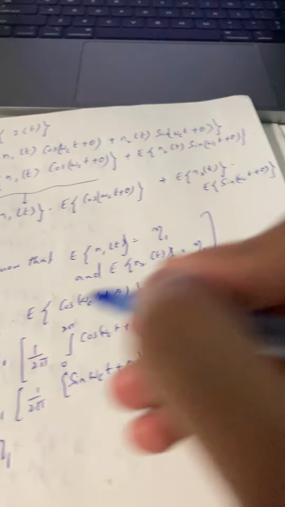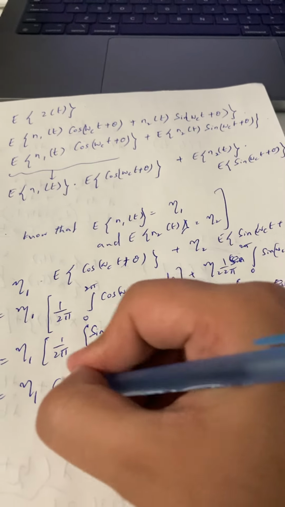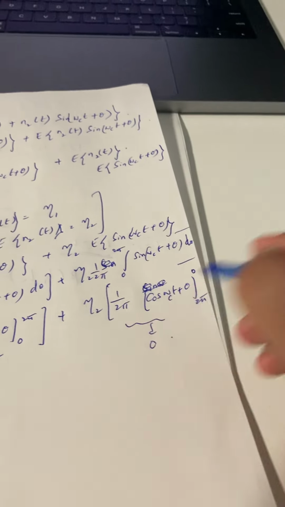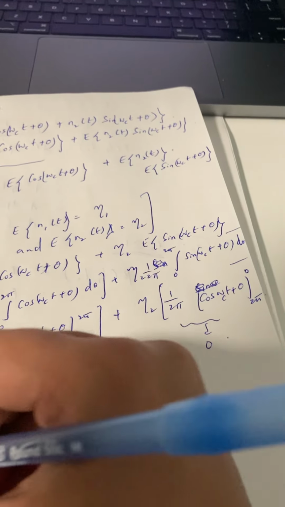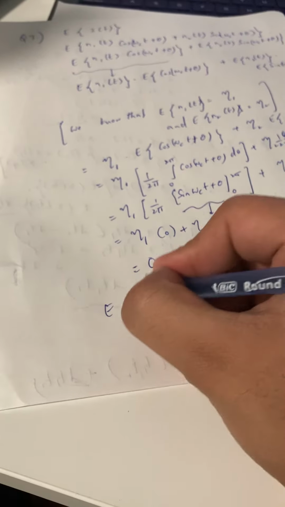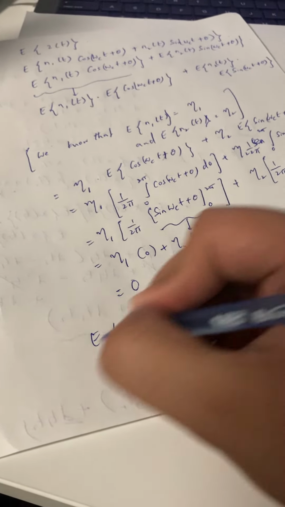This integral turns to 0, and this integral also turns to 0. So eta 1 into 0 plus eta 2 into 0 is equal to 0. Hence the expected value of z of t is 0.